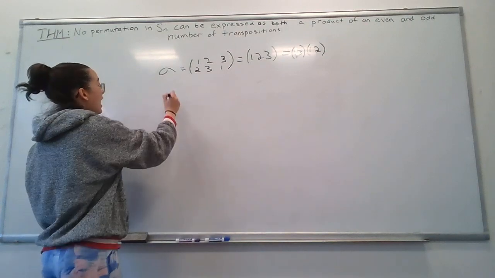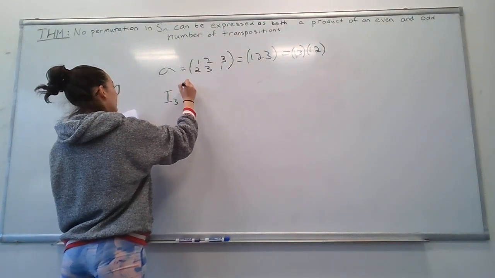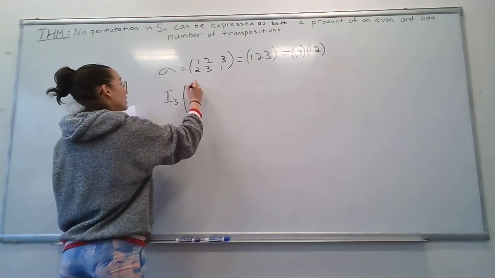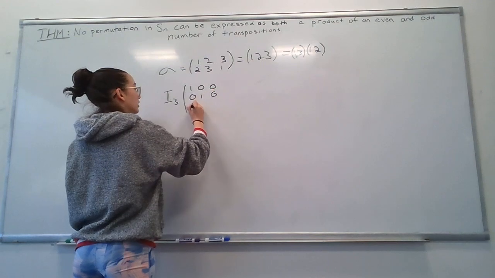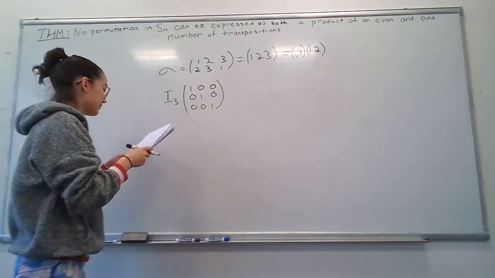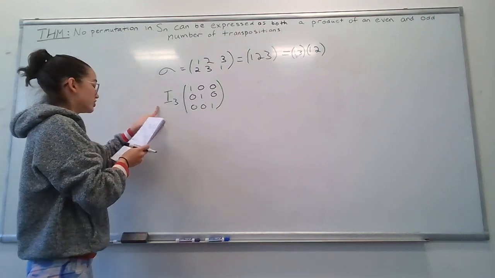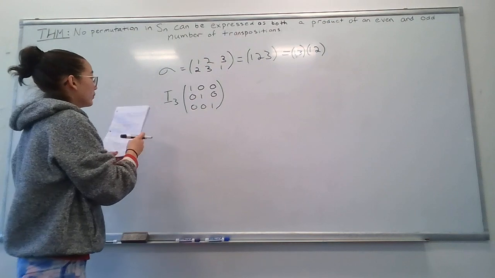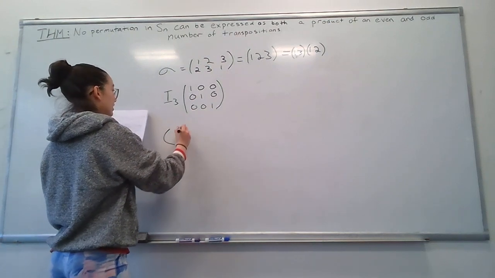Now, let's say that we have the identity matrix with 3 rows, so I3. The identity matrix would look like that. And now if we apply sigma to the identity matrix, we will get a new matrix. Let's call this matrix C.